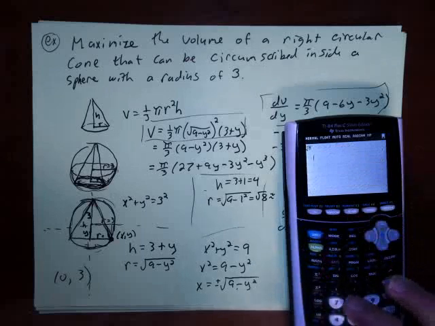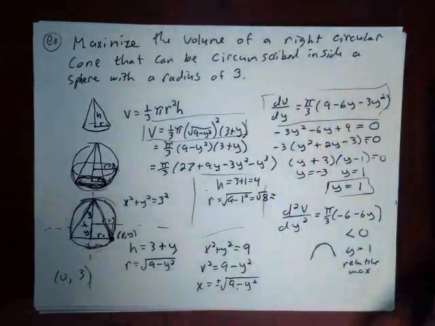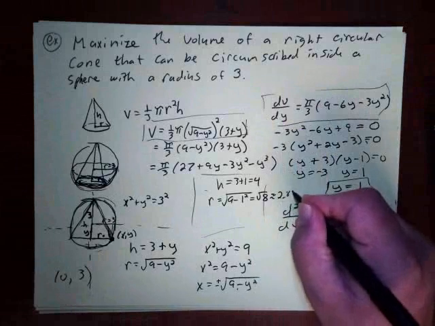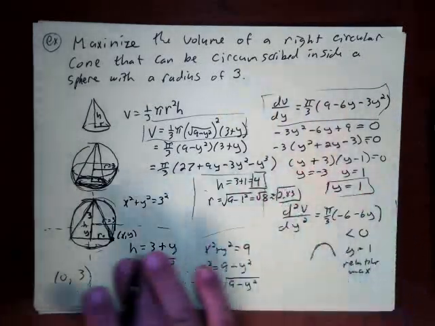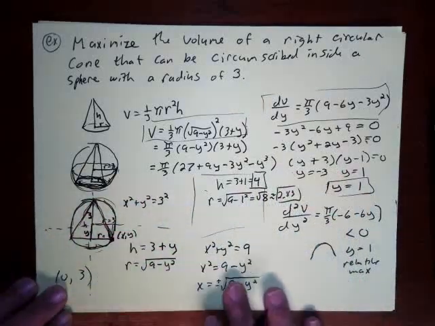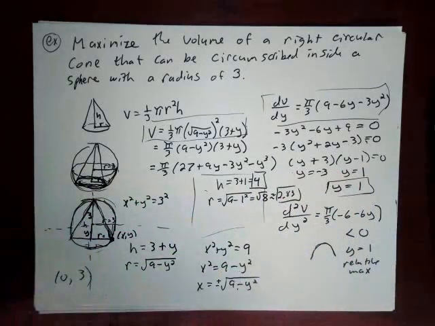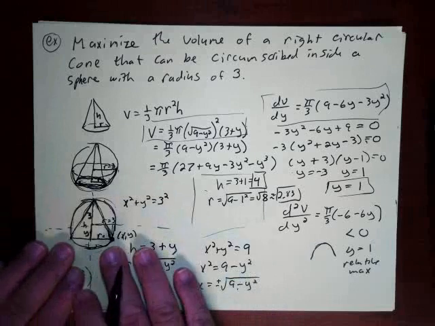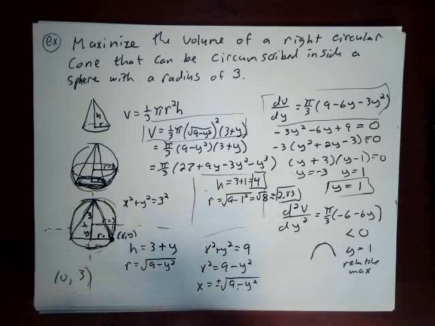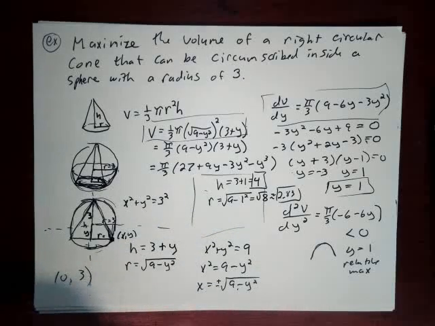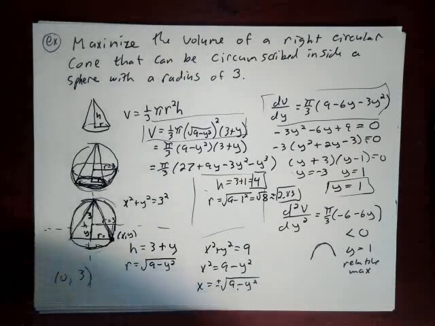Square root of 8, 2.83 approximately. So these are going to be the dimensions of a circular cone that can be inscribed in the sphere that has a maximum volume. Okay? So, very good. Let's see, we'll probably try a few more examples here.